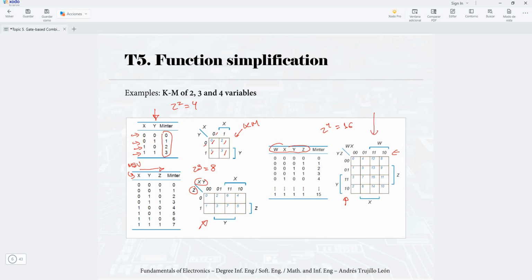Focus on this cell, the cell of minterm 5. The combination of minterm 5 is this combination: 0 1 0 1. If we look to the right, we have 13, and 13 is this minterm.